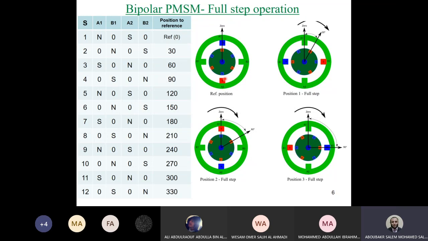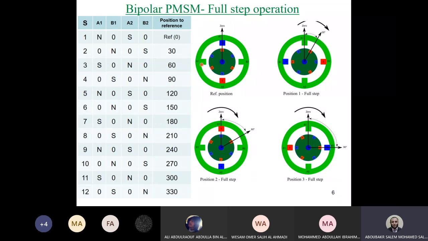In order to move the motor in full step operation, we need to energize one coil each time. So let's de-energize coil number 1 and energize coil number 2. If you would like to move the motor in the clockwise direction, you have to supply the sequence of pulses in the counterclockwise direction, which means if this is N now, you have to make this tooth N in order to move the machine clockwise.